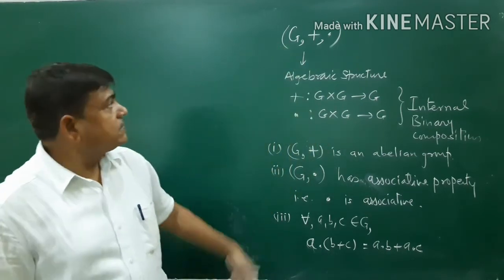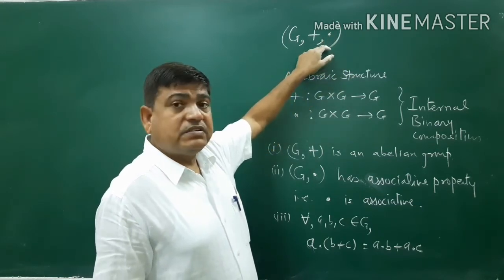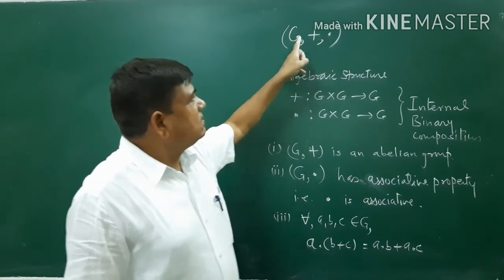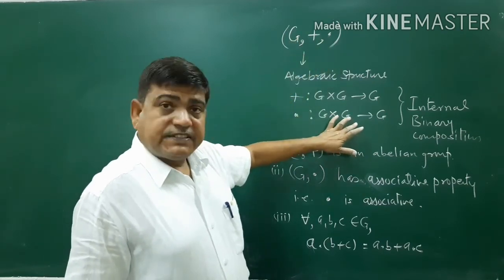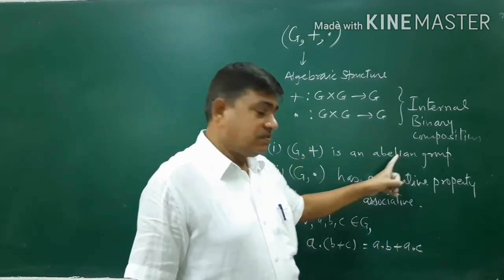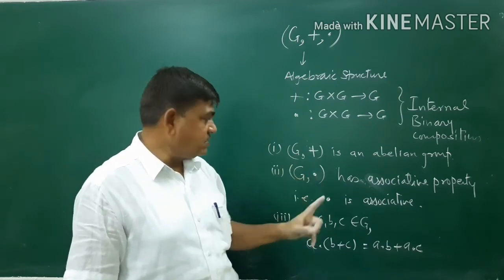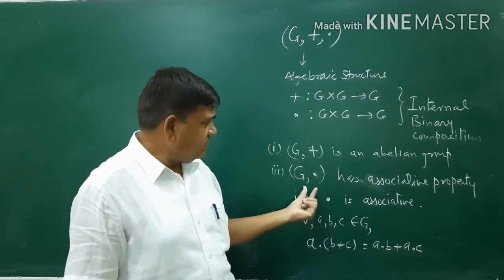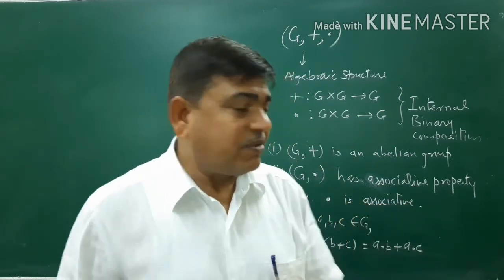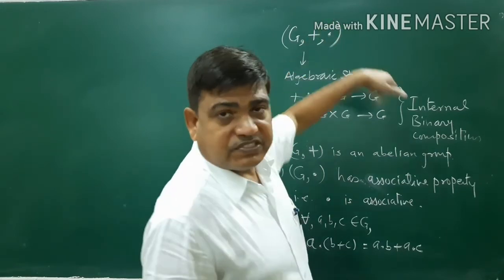See, an algebraic structure equipped with two binary compositions denoted by plus and dot. Means it is this. With respect to plus, abelian group. With respect to multiplication, two things only, that is closeness. Generally it is not written, but this has the associative property, and one more property that connects these two operations.